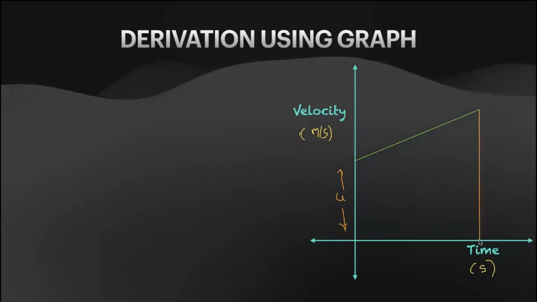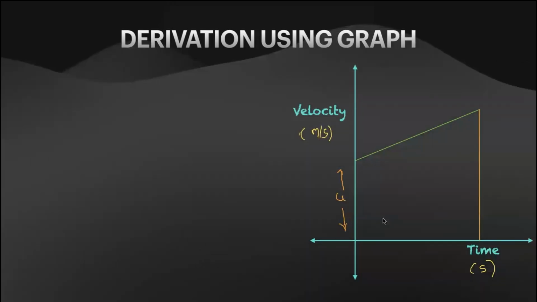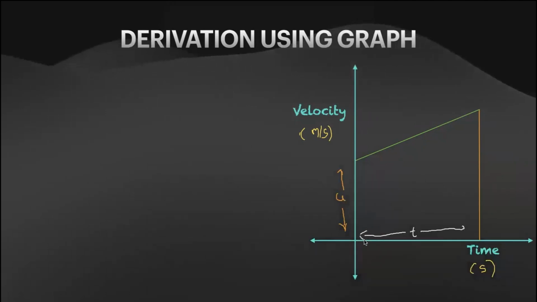At what time? At time t is equal to t. So at t seconds, the person has stopped taking the reading. So this is nothing but t. And this gives the final velocity. Correct?